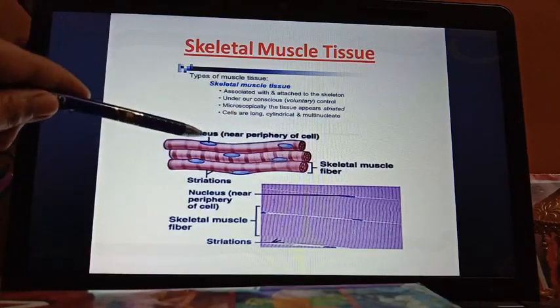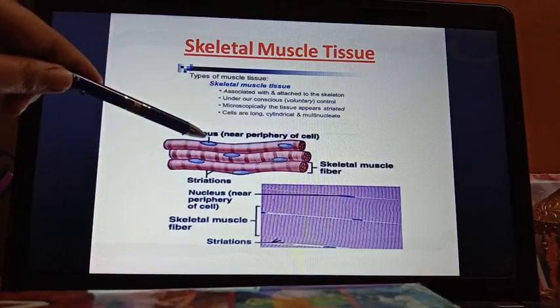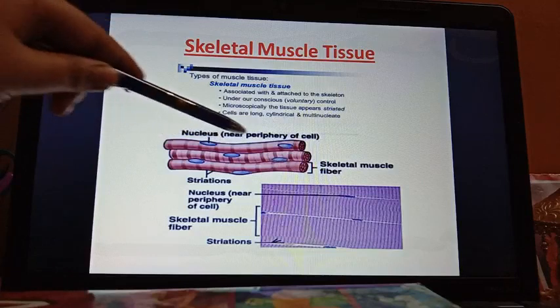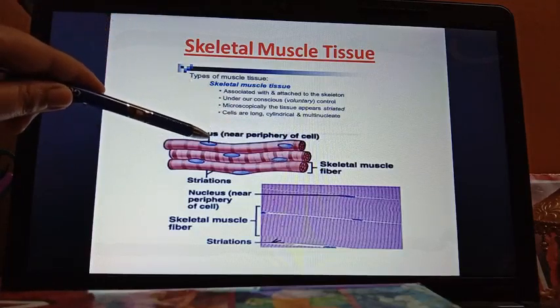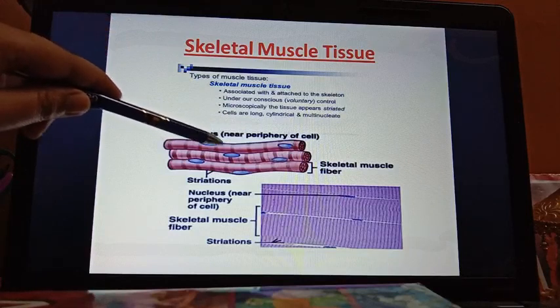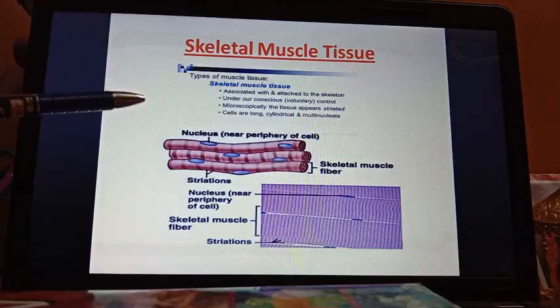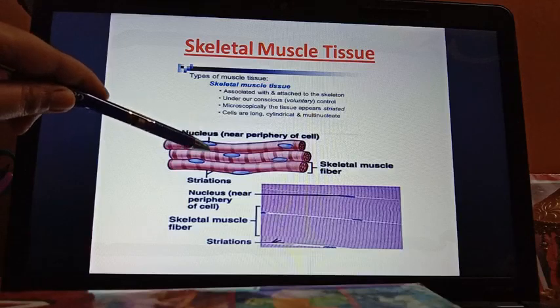Each fiber is multinucleated. Here you can see that more than one nucleus is present in each fiber, and the nucleus is located near the periphery or the side of the cell. In each fiber there are alternate dark and light bands.